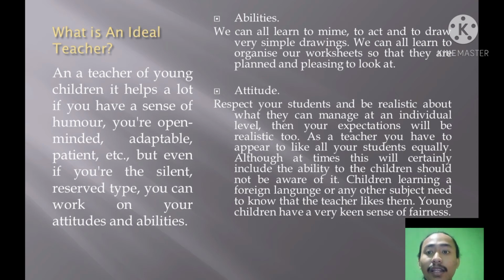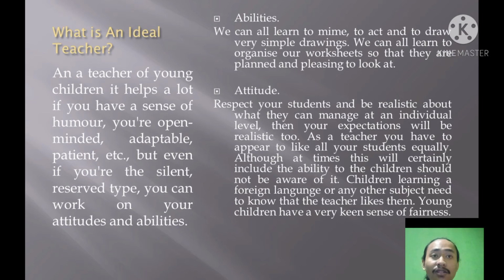You are open-minded, adaptable, patient, and so on. But even if you are the quiet, reserved type, you can work on your attitudes and abilities. So there are two main aspects of being an ideal teacher. The first one is abilities.